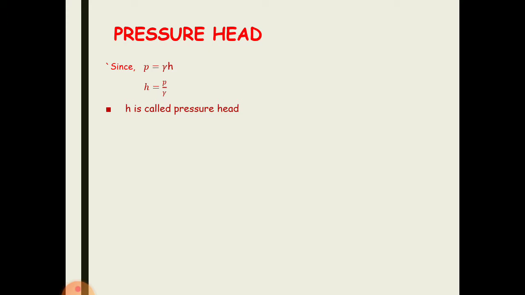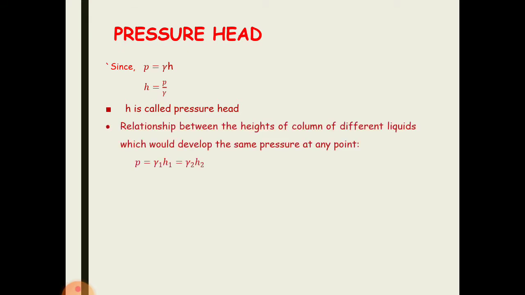Now we know that the pressure at any point in a static fluid is equal to the specific weight times the vertical height of the free surface above that point. This vertical height is called pressure head. For two distinct fluids where the pressure at a point is the same, the hydrostatic equation will be gamma 1 H1 is equal to gamma 2 H2.